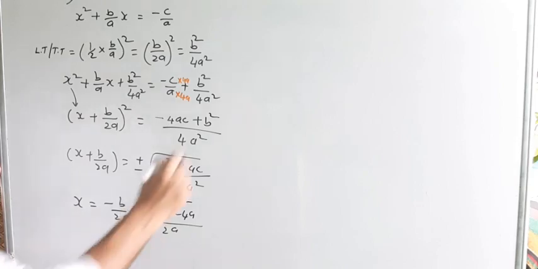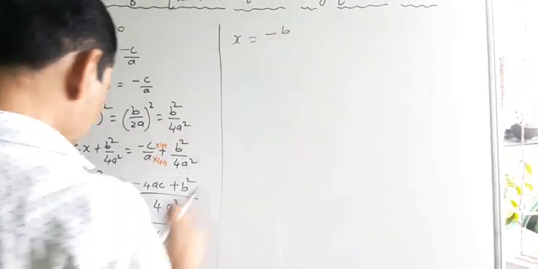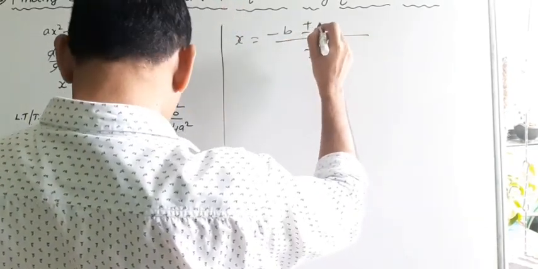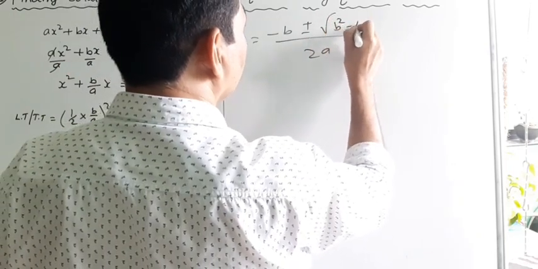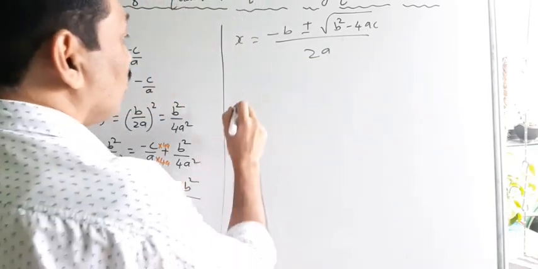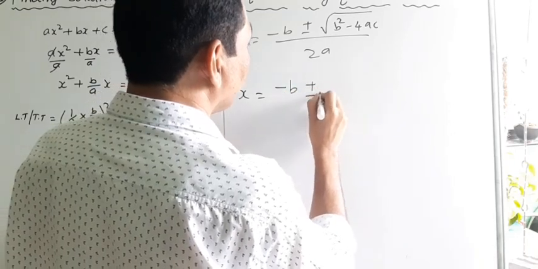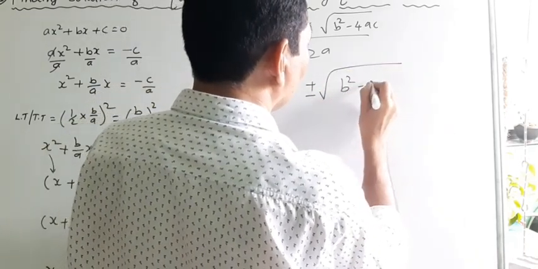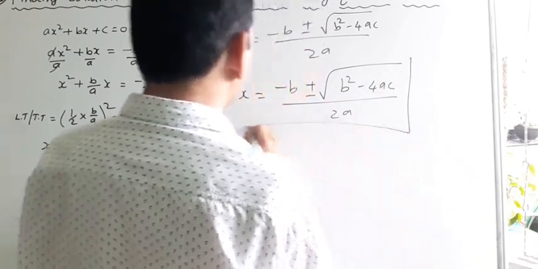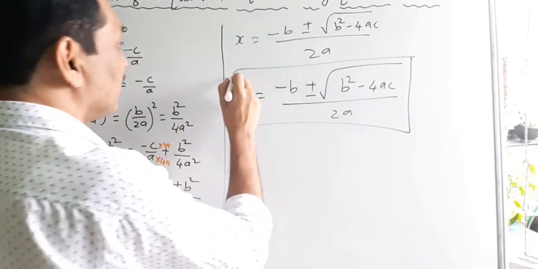So here we have a common denominator, and what we get is x is equal to minus b plus or minus root of b square minus 4ac upon 2a. These are the two roots of this equation, and this is called the quadratic formula.